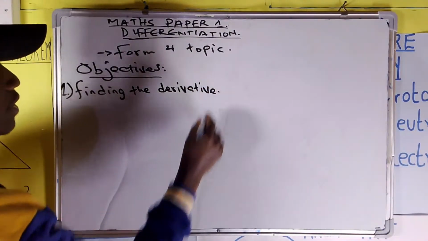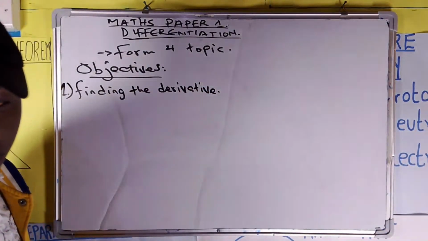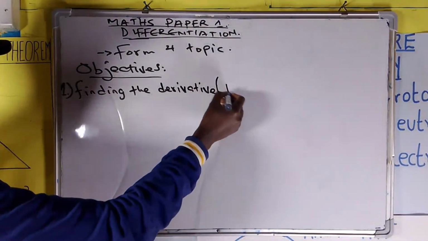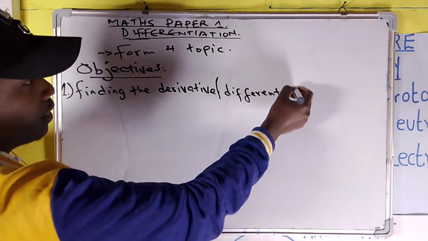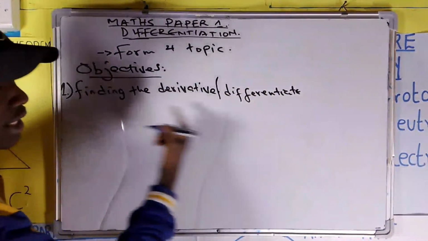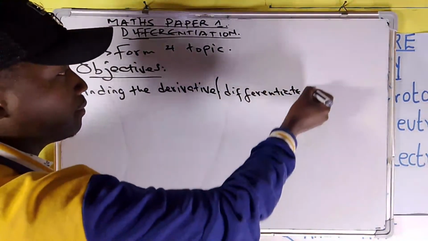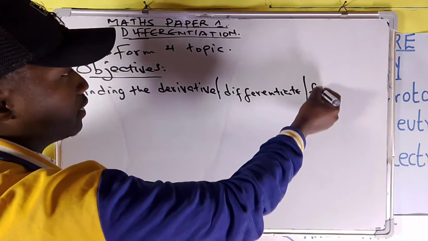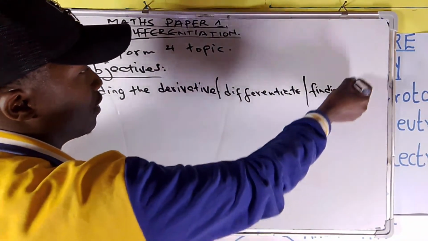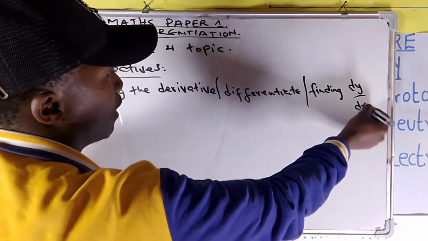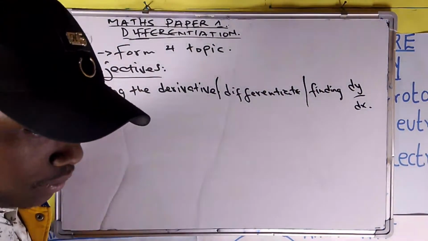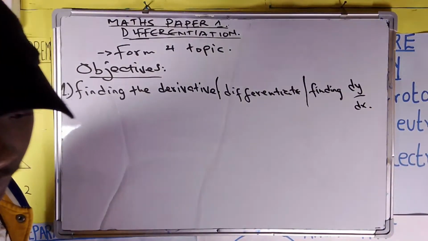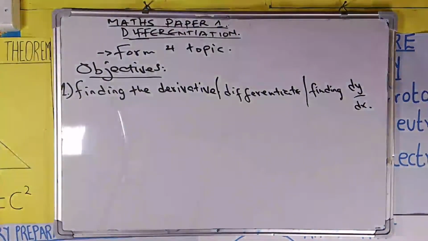Finding the derivative simply means you need to know how to differentiate. This is just about the same thing: finding the derivative, differentiating, and also finding the gradient function. The gradient function is called dy over dx. That is the first thing that we are going to be determining.